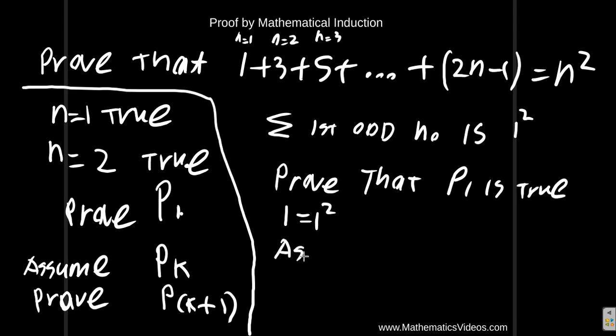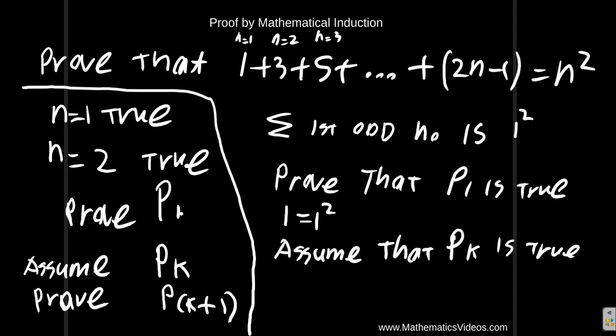Now, assume that P of some other number, you don't want to specify a number, say k. Assume that Pk is true. Okay.